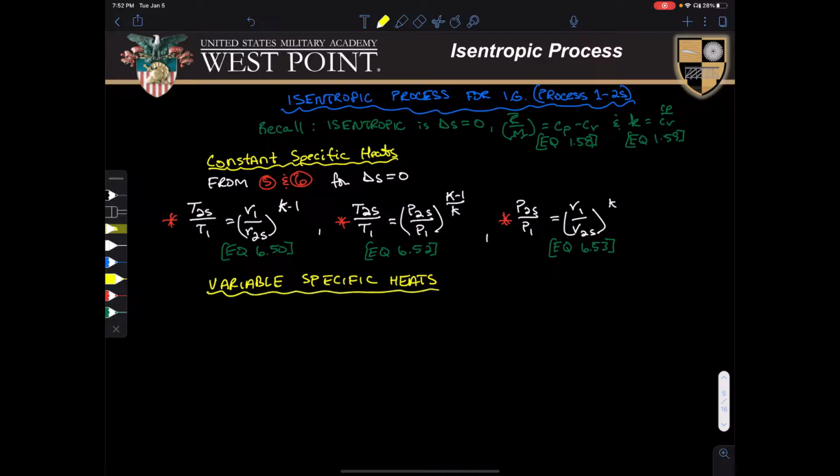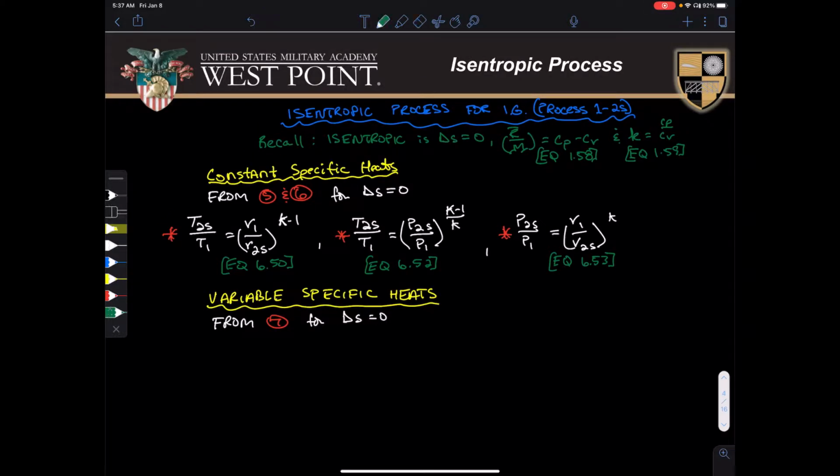And for this, we'll be looking at equation 7. So from equation 7 and applying the isentropic assumption, so for our change in entropy equal to 0, isentropic, first introduce 2 new convenience functions.